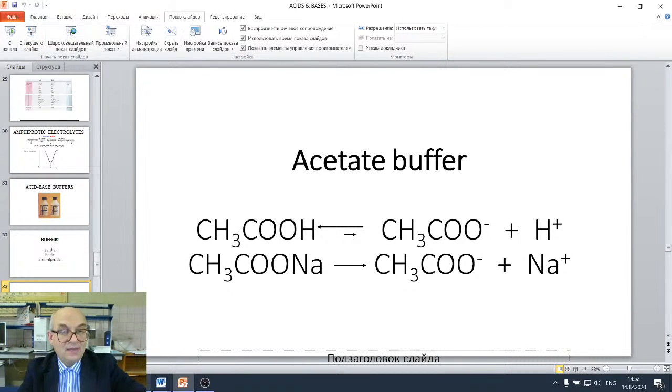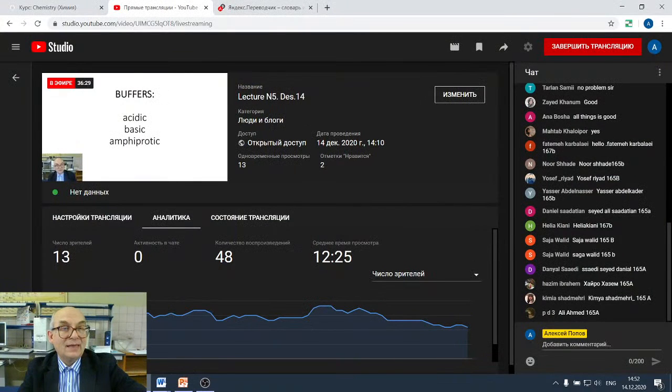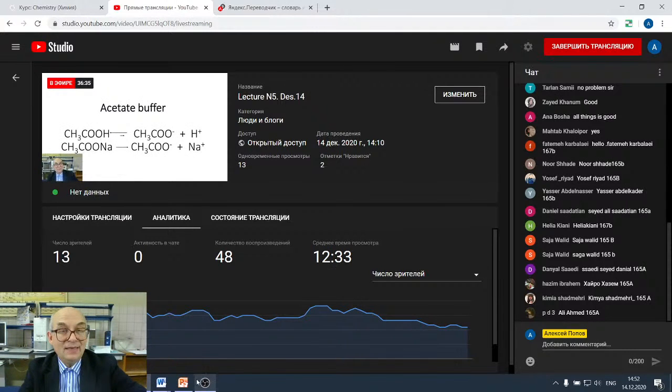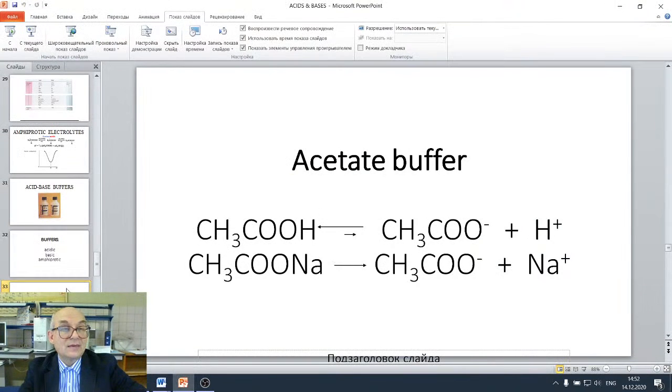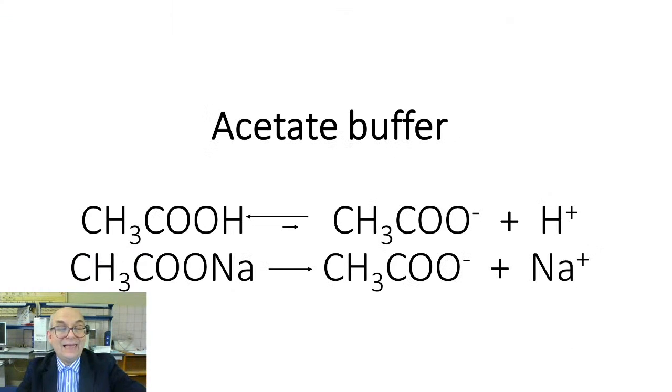Acetate buffer consists of acetic acid, weak acetic acid, and its salt. For example, sodium acetate.